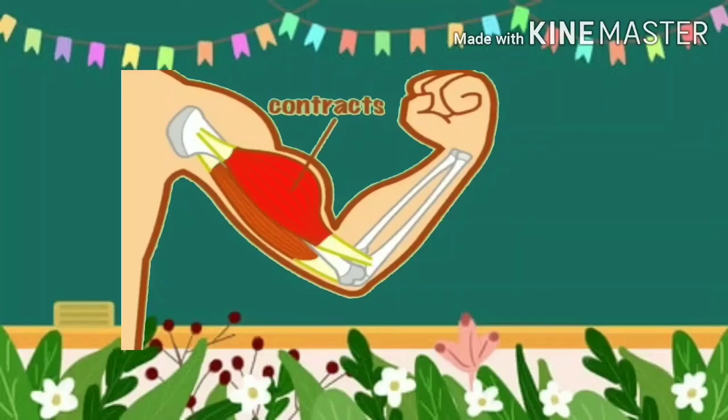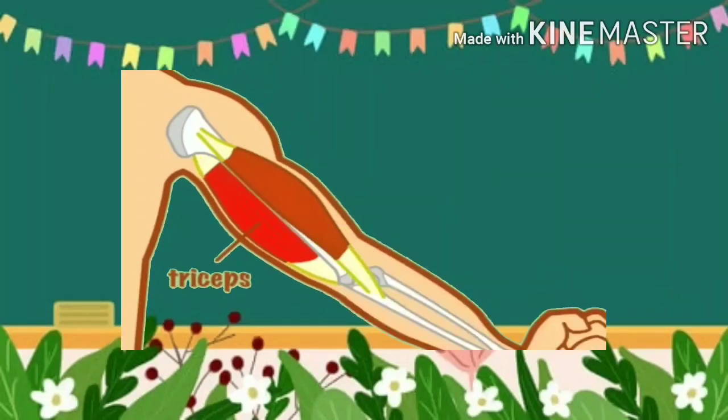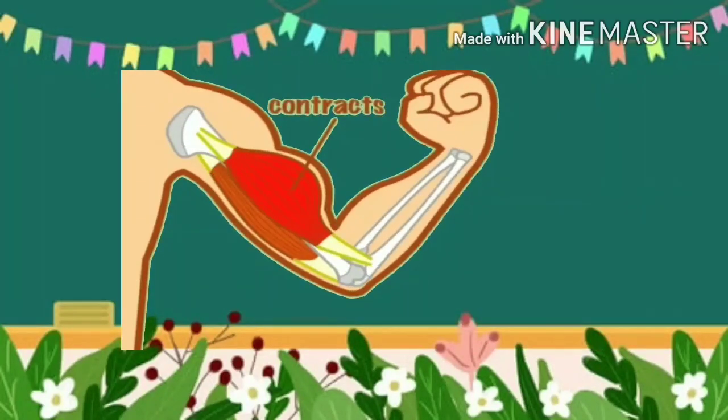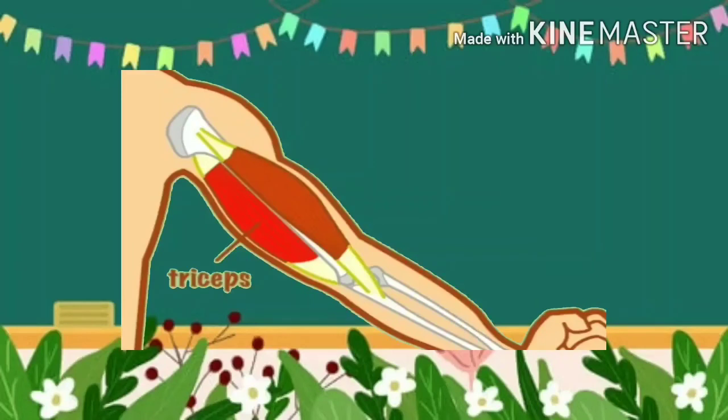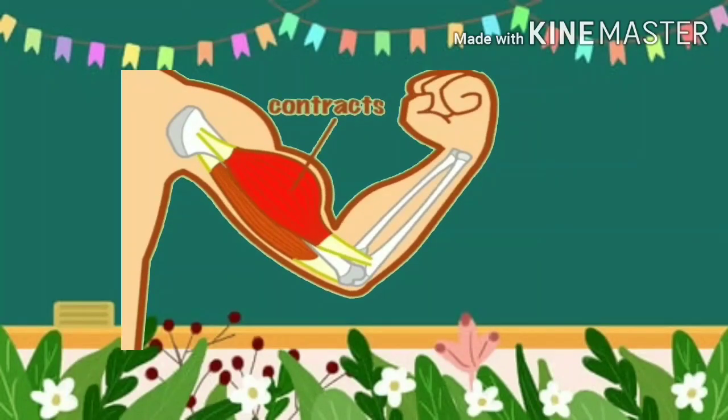When the biceps contract, the triceps relax, and this allows us to bend our arm. Just the opposite happens when the triceps contract, biceps relax. So this contraction and relaxation helps in the movement of our bones.